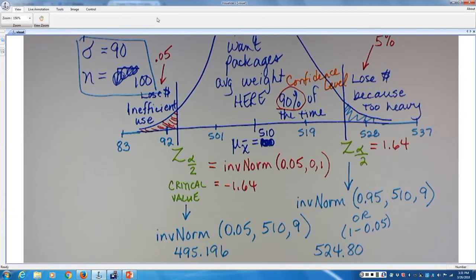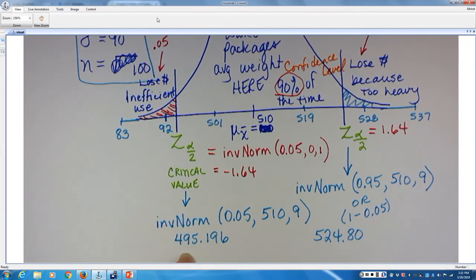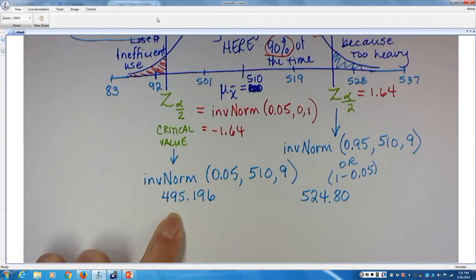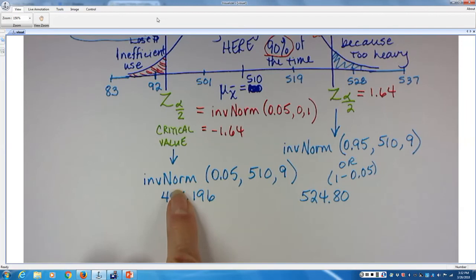So what we found here is that the middle 90% of their packages weighs between 495.2 and 524.8 pounds. So they know that they're making efficient use of their trucks if all of their trucks weigh somewhere on this interval. And so they're going to try to stay between those two numbers.